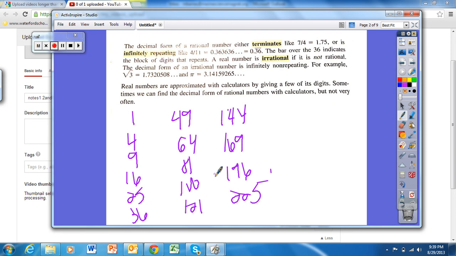If you take the square root of any number that's not a perfect square, your answer will be irrational. When you put it on a calculator, it will look like this. It will never end, it will never repeat. That is an irrational number. So the best way to remember them is irrational numbers are pi and the square root of any number that's not a perfect square.